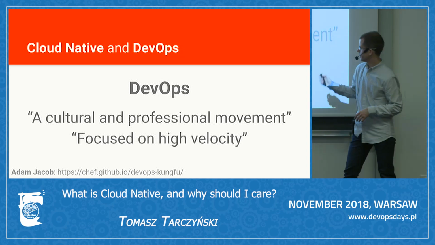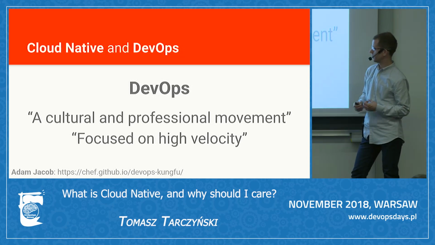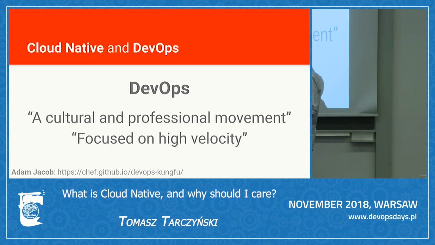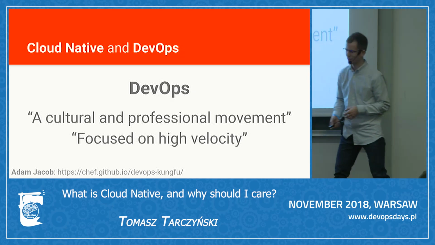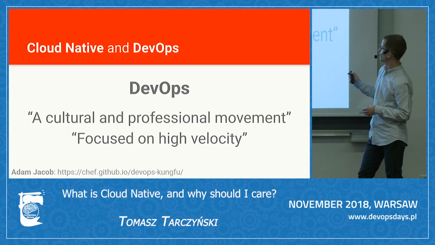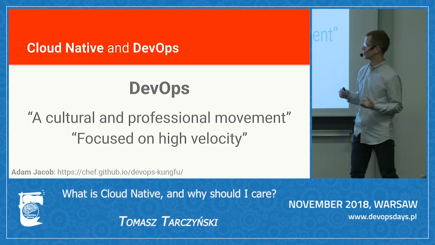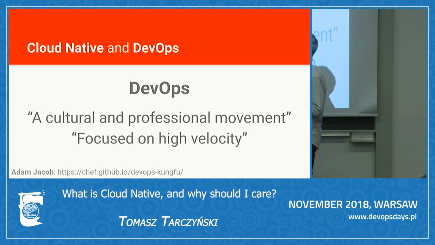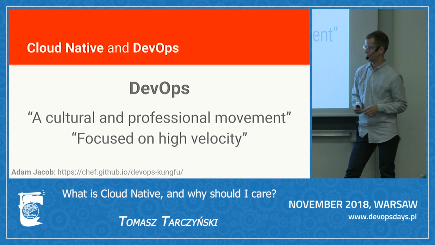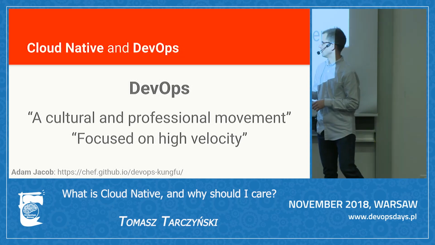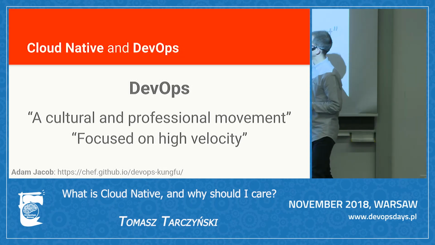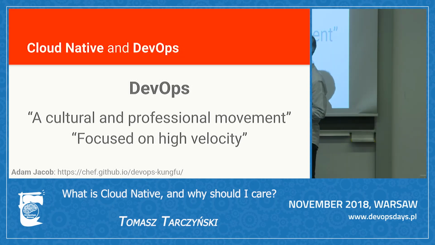So one definition that I really like is by Adam Jacob from his DevOps Kung Fu presentation. That's also really something really fun and interesting. But he basically says that DevOps is a cultural and professional movement, and it focuses mostly on high velocity. So yeah, this high velocity part would be something really in common between DevOps and cloud native.